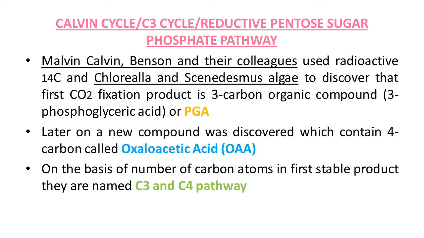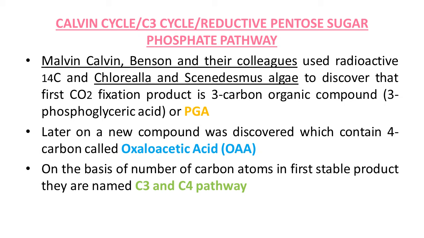So one more possibility is there. Since then, CO2 assimilation during photosynthesis was said to be of 2 main types. First, those plants in which the first product of CO2 fixation is a C3 acid, like PGA, known as the C3 pathway.